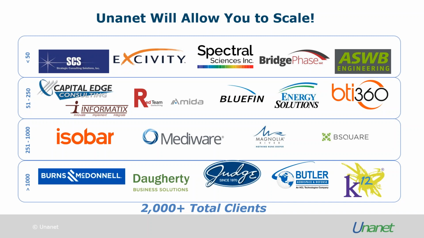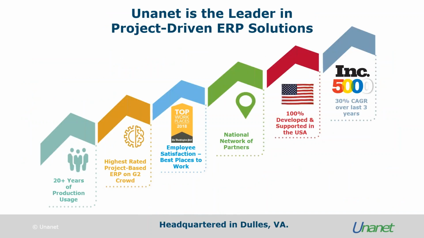That's the real secret to Unanet, is the ability to scale so that the smallest companies can match the functionality and capability of even the largest of their competitors. We believe we're the leader in project-driven ERP solutions. In fact, enterprise resource planning, that's what ERP is all about, is a promise that a lot of software companies have been making for 10, 15, 20 years, and it took Unanet to deliver on that promise.